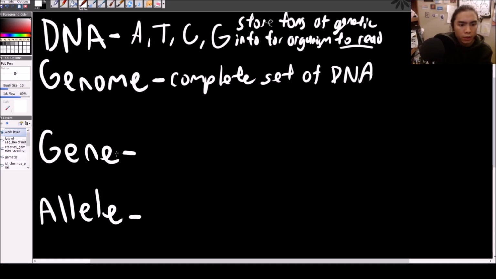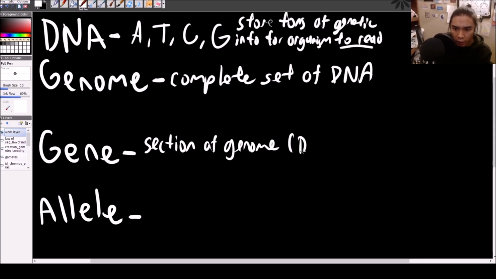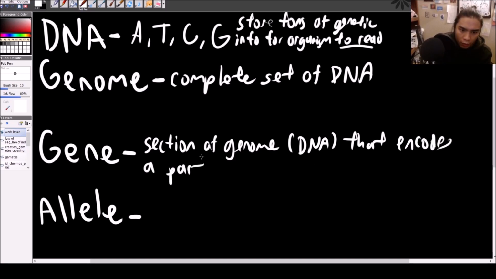Cool. So let's talk about a gene, which is a section of the genome, which is composed of DNA, that encodes a particular trait.